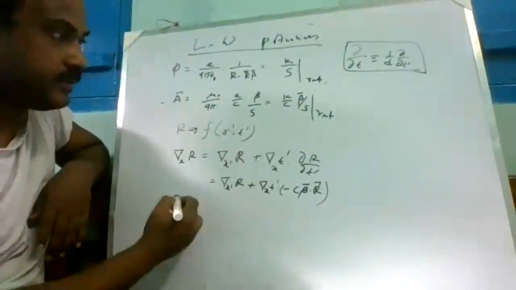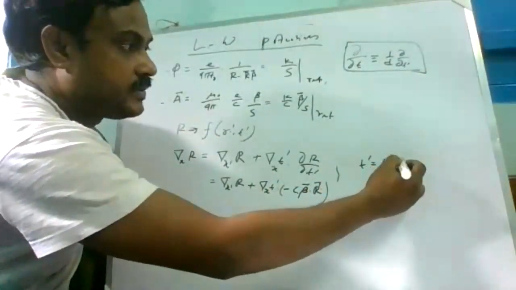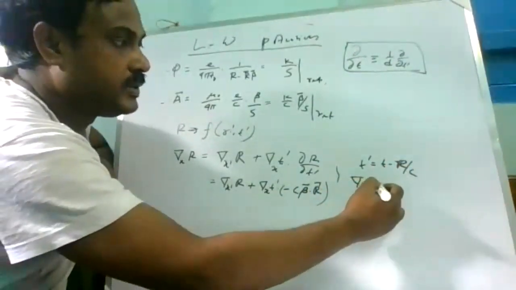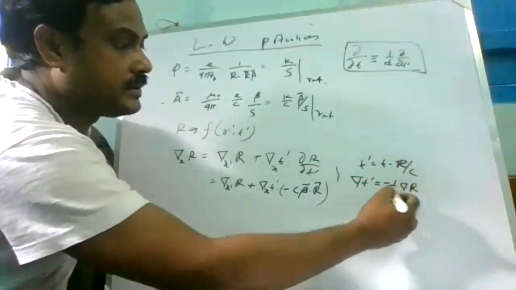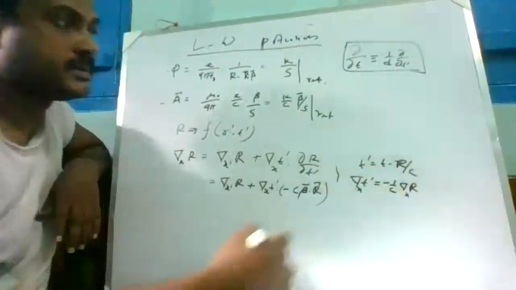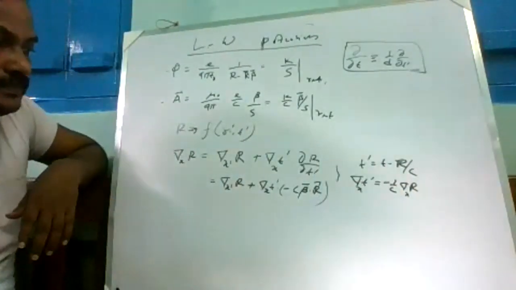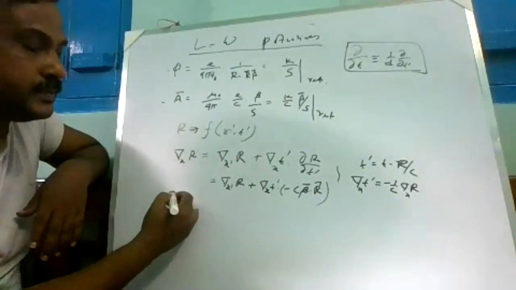Now there is a relation from retarded time. You can write T dash equals T minus R by C. So del T dash will be equal to minus 1 by C del R with respect to X. So del R will be equal to minus C into del T dash.